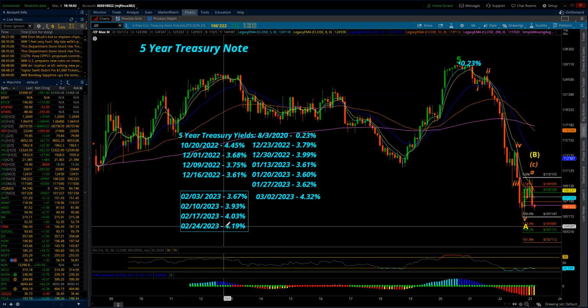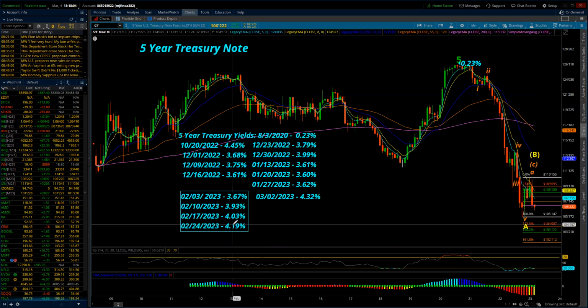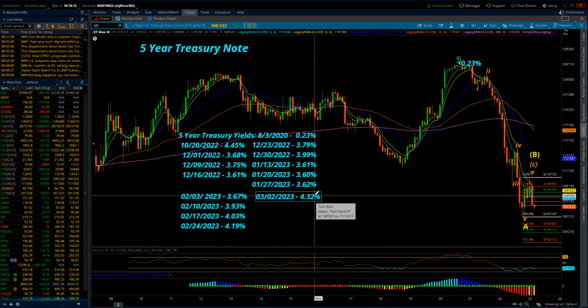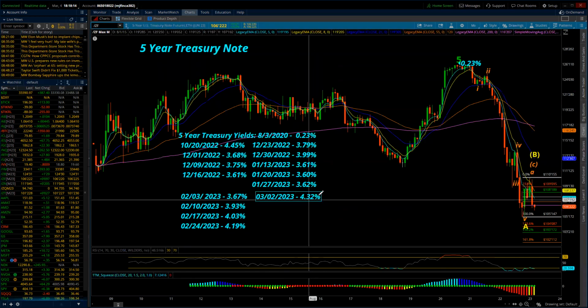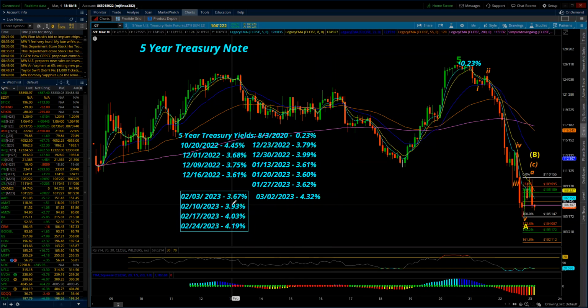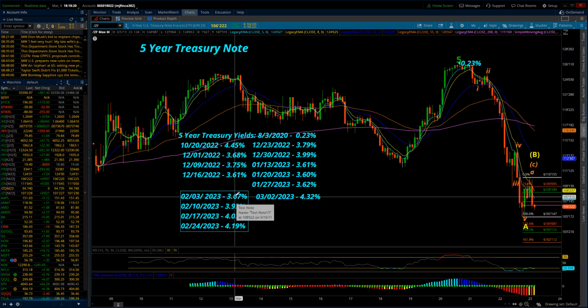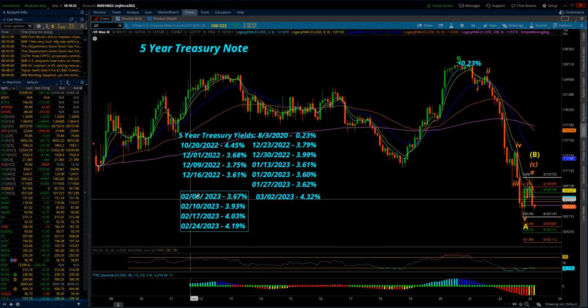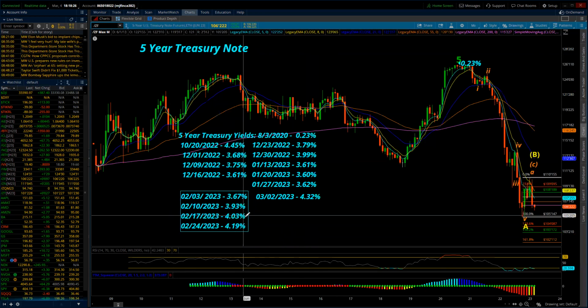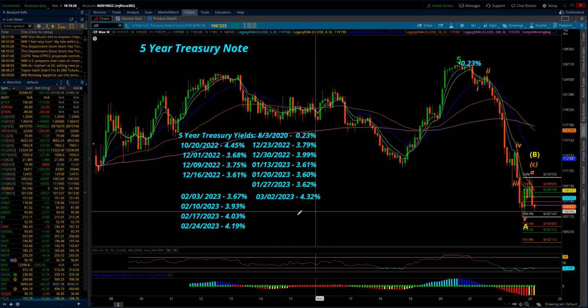At the end of February, we closed at 4.19 or 4.20. A week later, we're at 4.32. We're going up. Every week, we're seeing an increase. And now you can see for the month of February, every week, interest rates are going up.